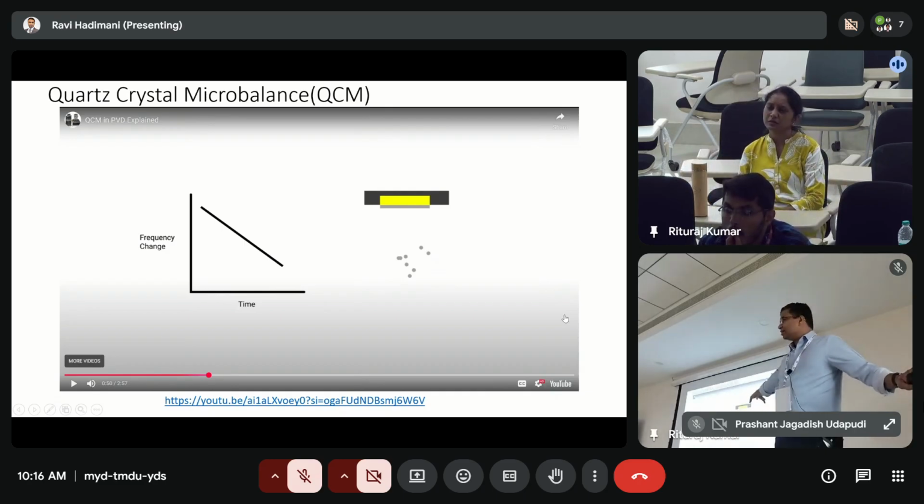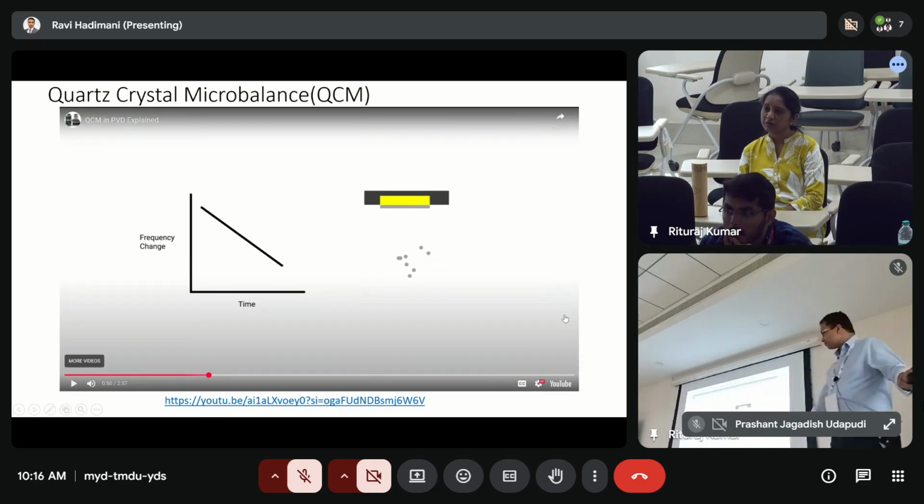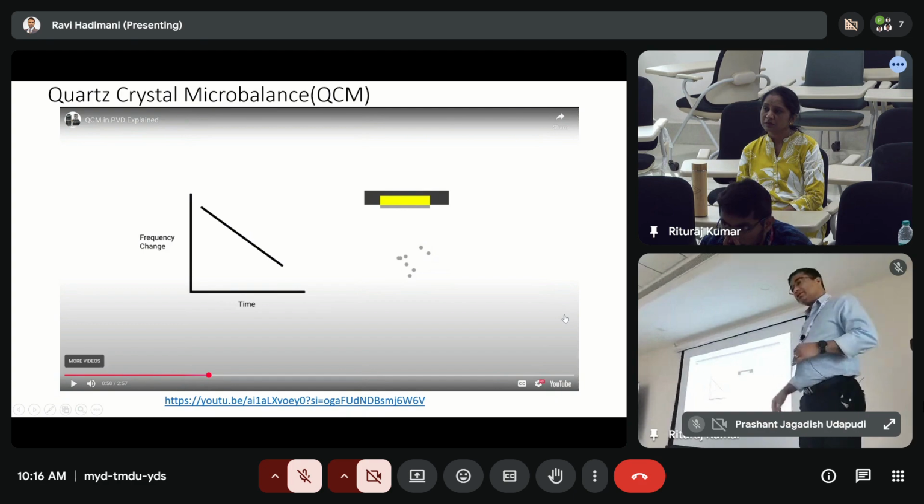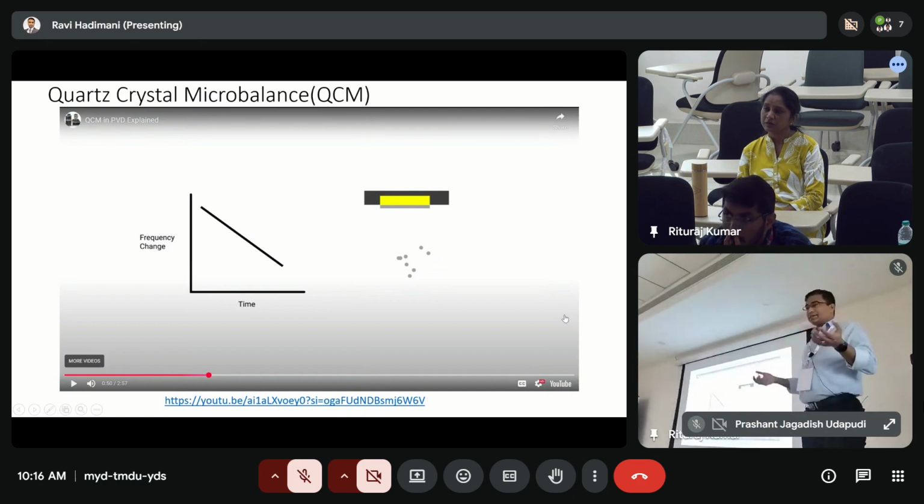So instead, a quartz crystal is really inexpensive. It's nothing but a form of sand. So a quartz crystal can monitor our thickness. There is another equipment called an ellipsometer that also measures thickness.